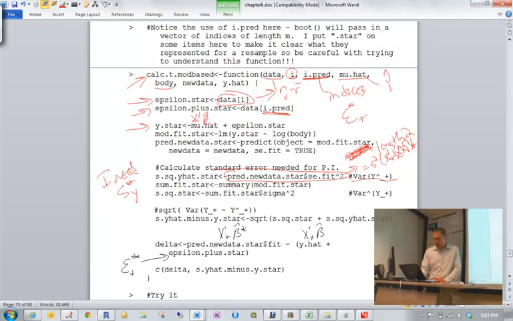Also, now I can get my MSE. Quickest way to do that: summarize the fit from mod.fit, put that into sum.fit, pull out sigma, square it, that's your MSE, or what our book would call just simply s squared.